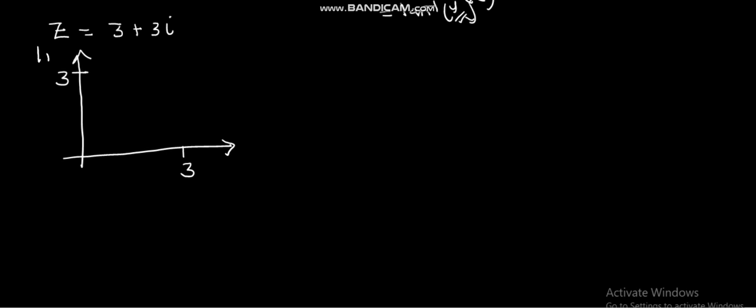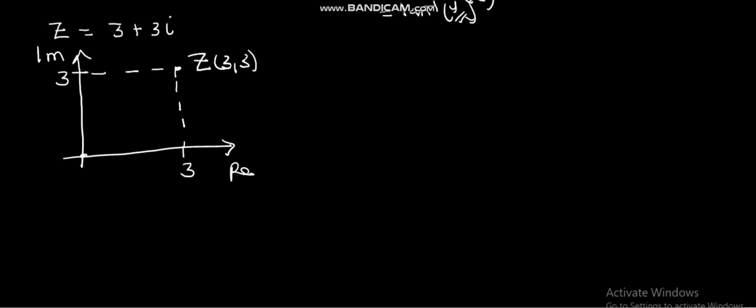This is our imaginary axis and this is our real axis. This is the origin. Now we can join these points. So that is our z.